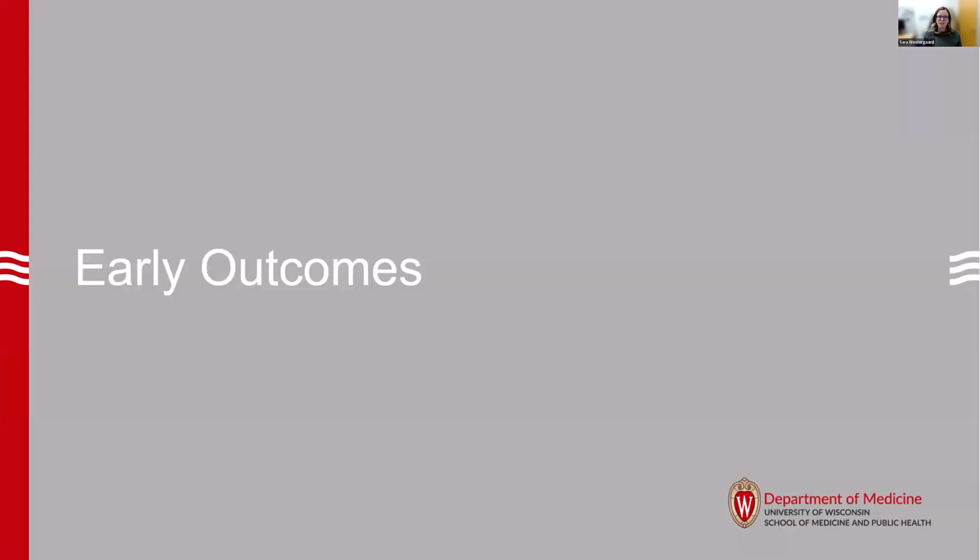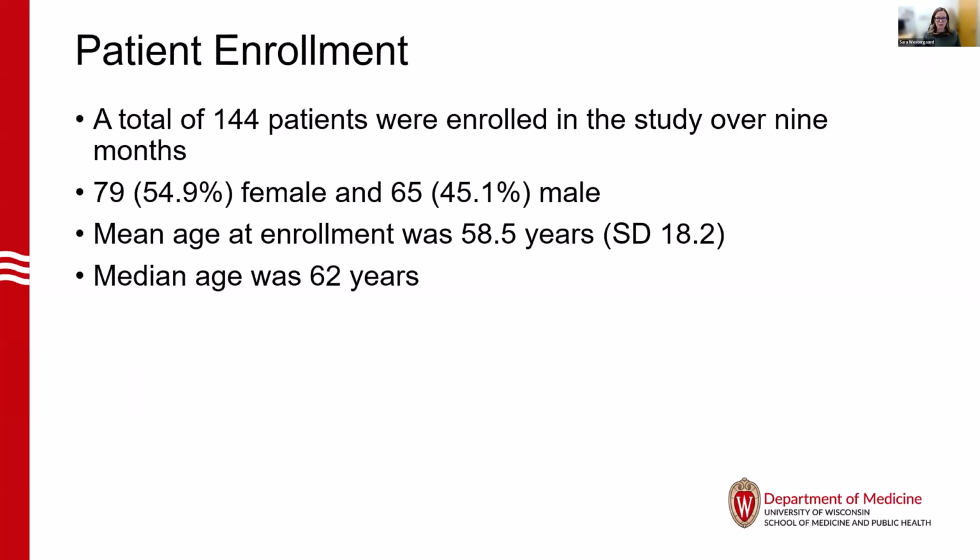So I don't have a ton of outcomes to share with you, but I can share some initial early outcomes. Over the 9-month period, we enrolled 144 patients, both to the PHP team and to the usual care team, so the two arms of our study. 55% were female, 45% male.